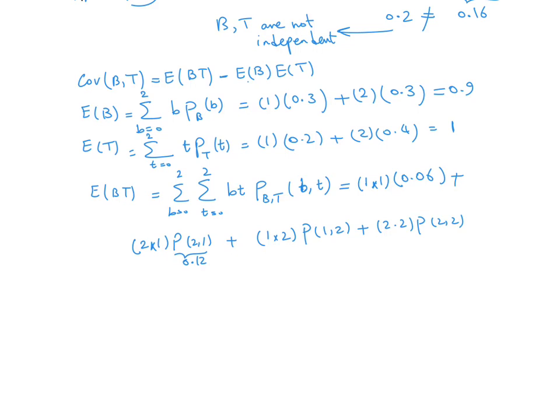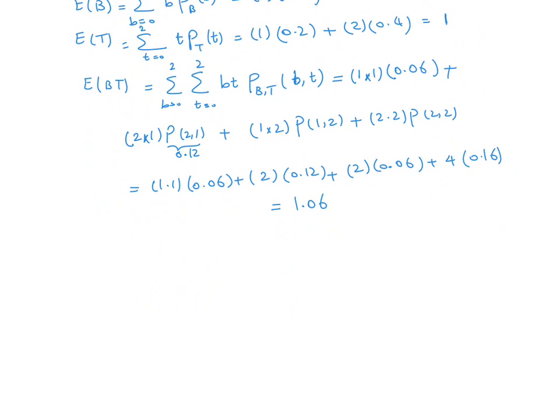So this is equal to 1 times 0.06 plus 2 times 0.12 plus 2 times 0.06 plus 4 times 0.16. The total value is equal to 1.06.